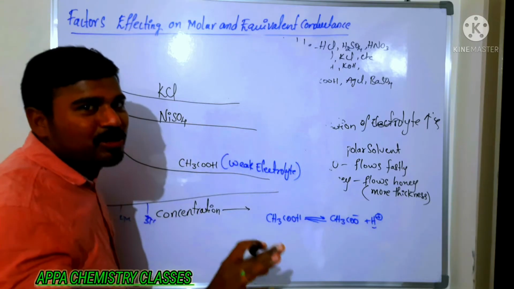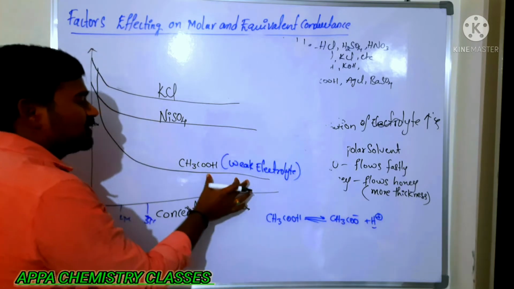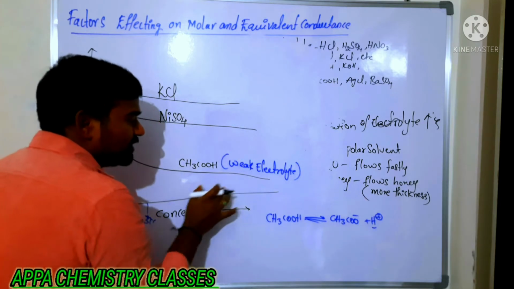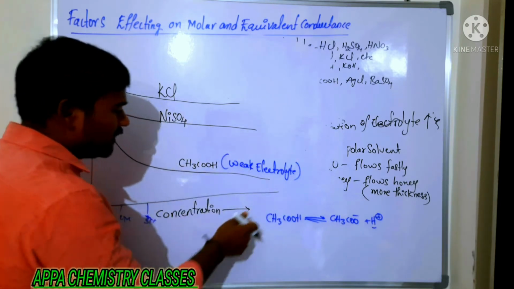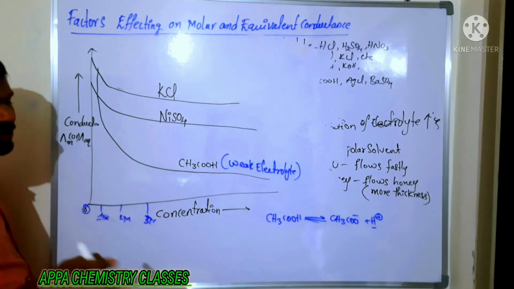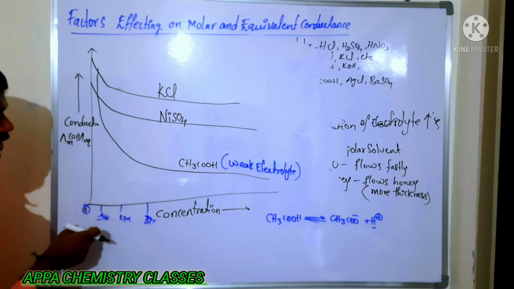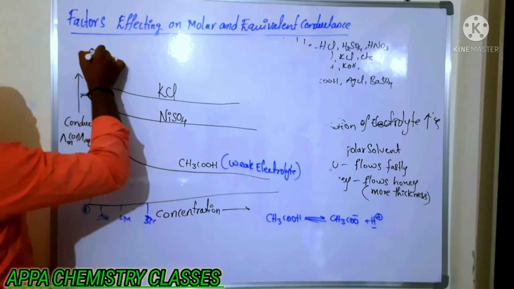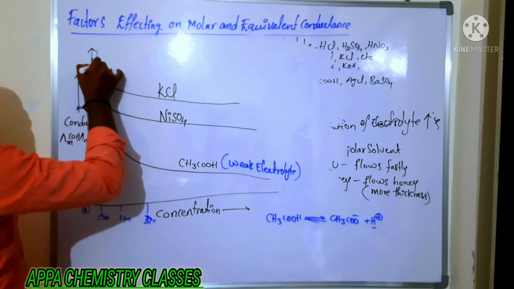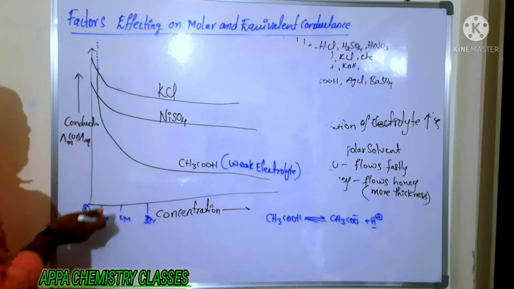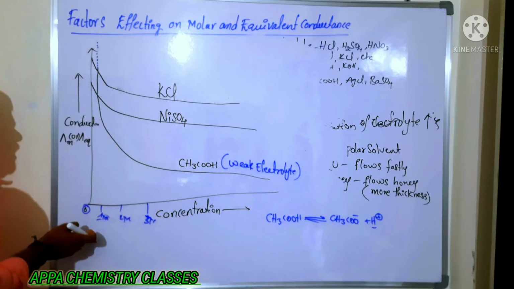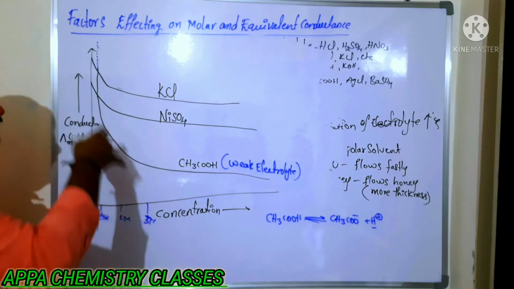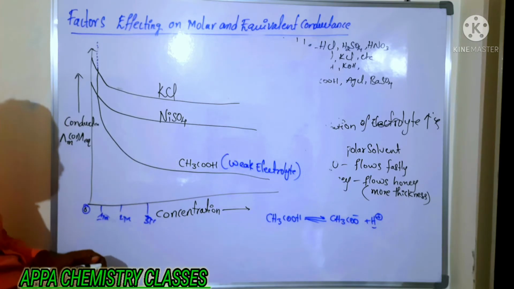Then the number of ions decreases at high concentration of the weak electrolyte. So for a weak electrolyte, conductance decreases upon increase in concentration. Is that clear? At very low concentration, the conductance of a weak electrolyte is very high.